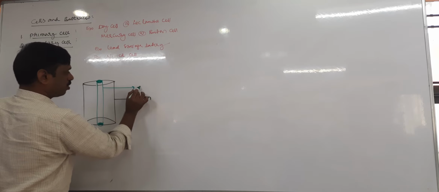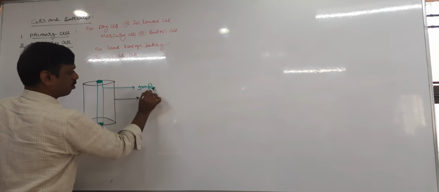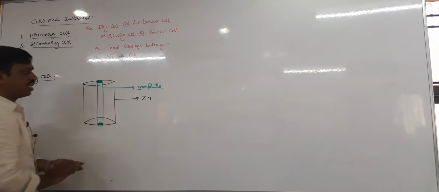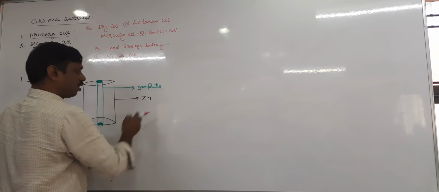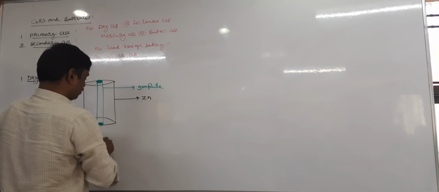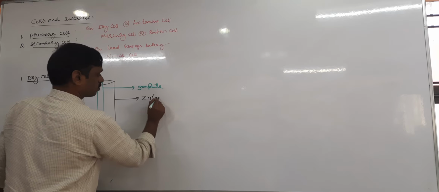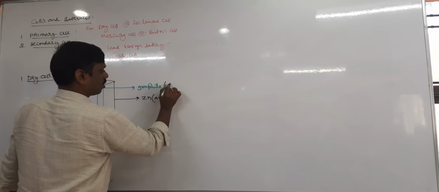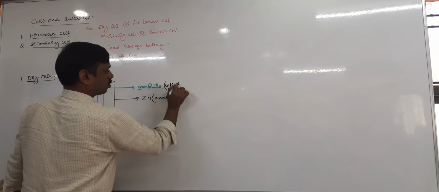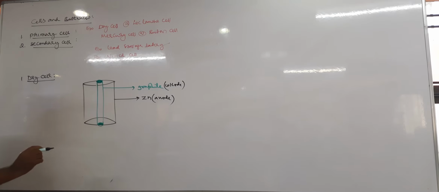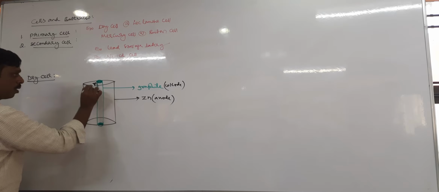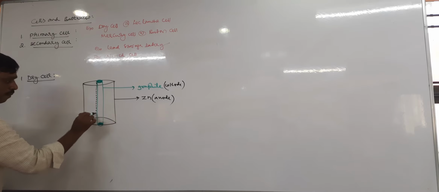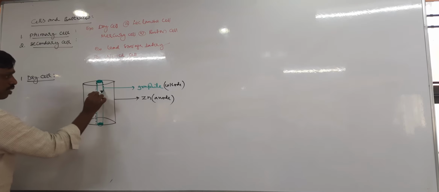So this graphite rod placed in the middle of the container acts as a cathode. The zinc rod is the anode, and this graphite rod is surrounded by manganese oxide MnO2 and carbon powder.